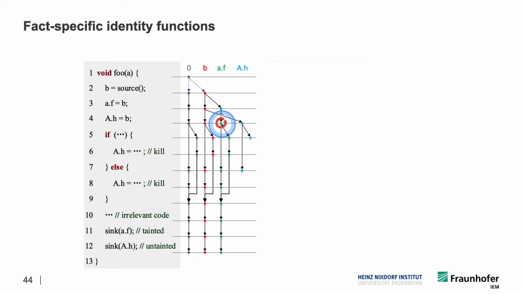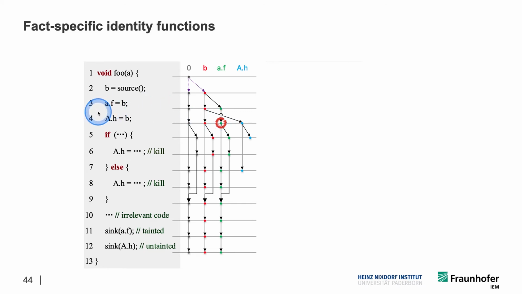Here we have a situation where we are looking into a.f at this particular statement, but a.f is not at all relevant to the statement, right? We can definitely exclude that there's any effect on a.f. So that means that this particular statement here is associated with an identity function for that particular fact, right? So that's important. So it's a fact-specific identity function.